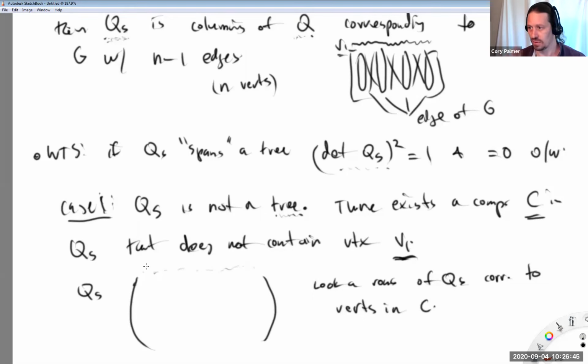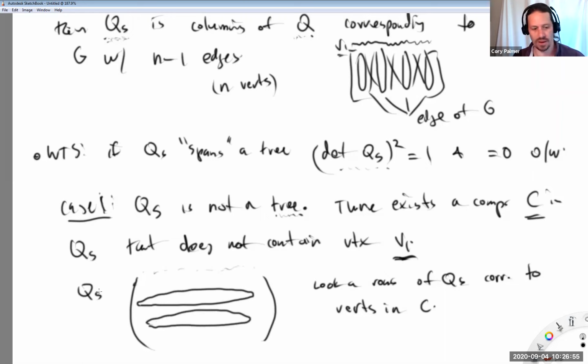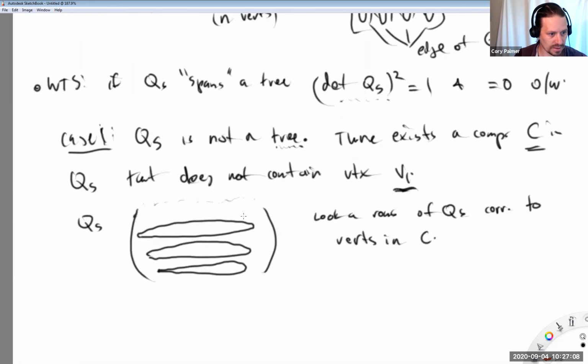So what do those rows look like? Here's one of the rows, and here's another. In principle, it could be all of Q of S. Maybe my graph on n-1 edges contains all of Q of S except for V1. But let's say it has 3 for illustration purposes. These are the rows corresponding to the component C, and there are potentially other rows that are not in it.